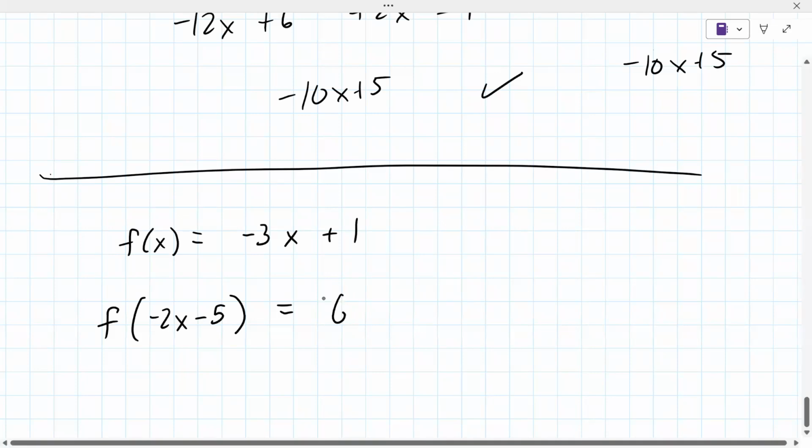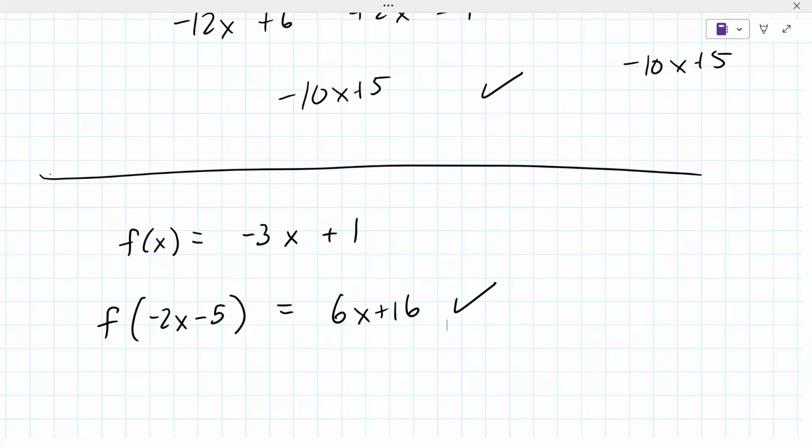Okay. Yeah, it ends up being 6x plus 16. Good. Any questions on that before we move on to something else?